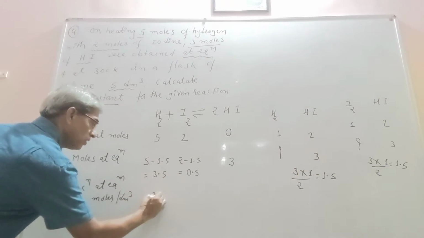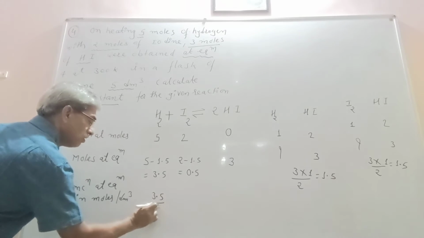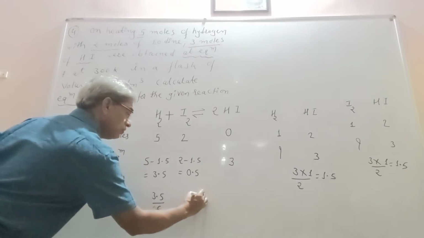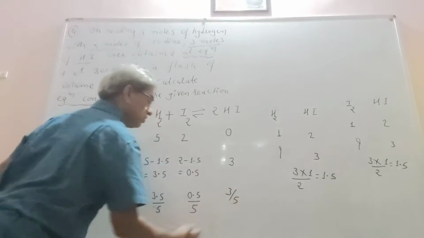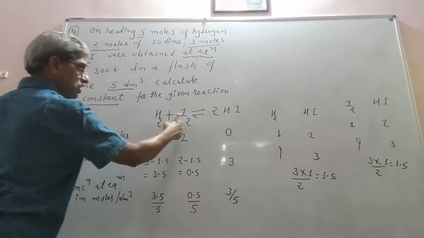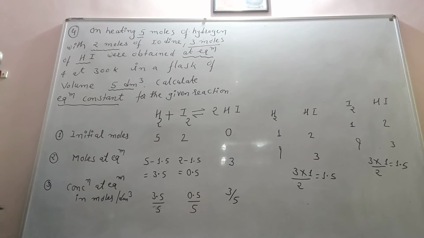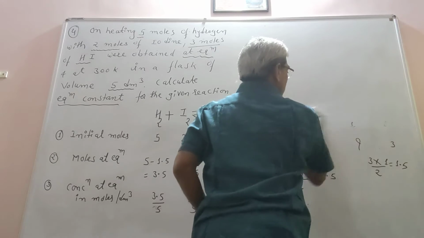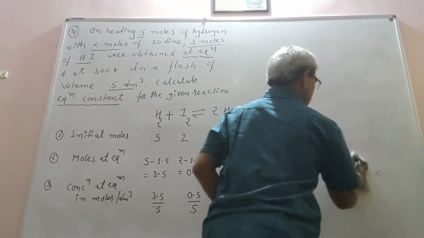Now 3.5 moles at equilibrium, given volume is 5, so 3.5 divided by 5, 0.5 divided by 5, and then 3 divided by 5. This is the concentration of the respective species at equilibrium in moles per dm cube. Right? And then apply the law of mass action to this given reaction.